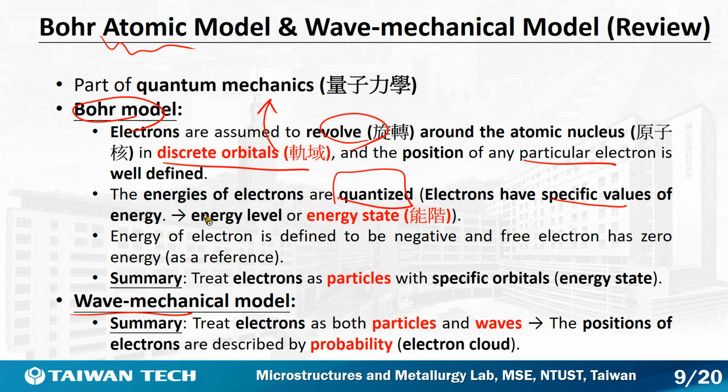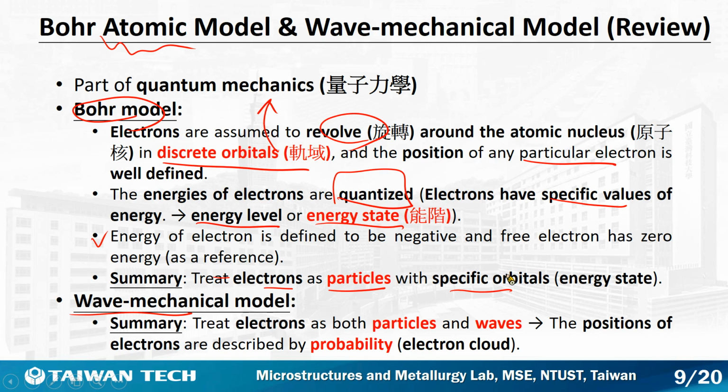It will be on a different energy level or energy state. Okay, and this is just to let you know how to define the energy. And as a summary, the Bohr model treats electrons as particles with specific orbitals.